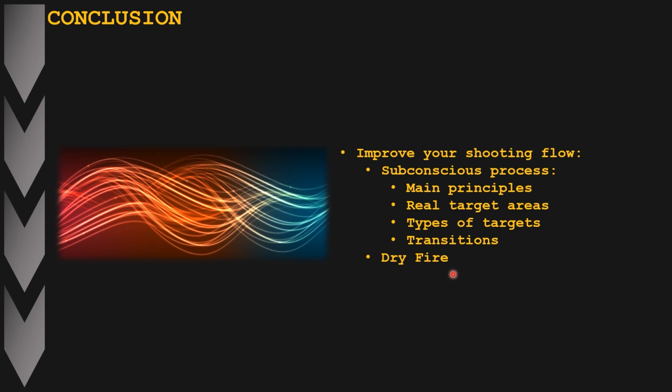You can actually do this in front of your screen, your smartphone screen, your tablet screen, or your laptop or PC screen, and train your eyes to actually move from one target to another. Oftentimes there are also par times and timers involved to make it a little more real, and the objective of these videos is really to train your subconscious mind to transition from one target to another.